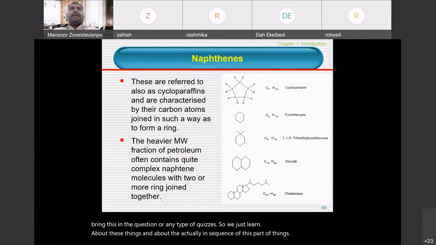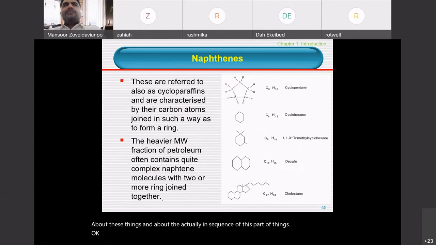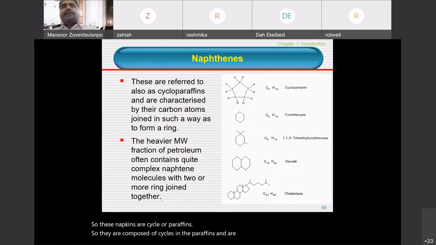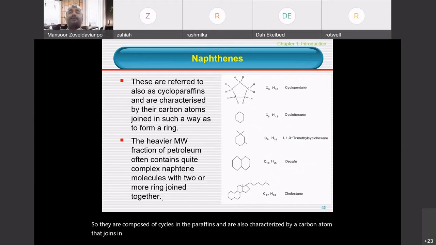Okay, naphthenes. These naphthenes are cycloparaffins. They are composed of cycles in the paraffins, and are characterized by carbon atoms that join in such a way as to form a ring.